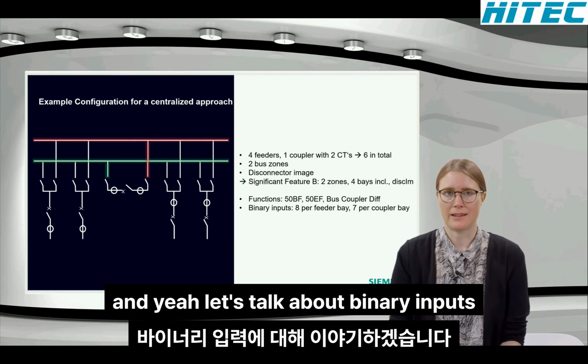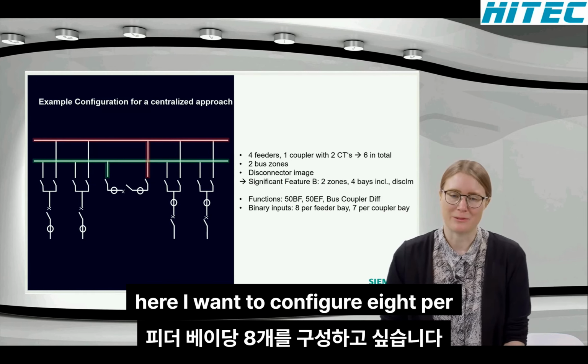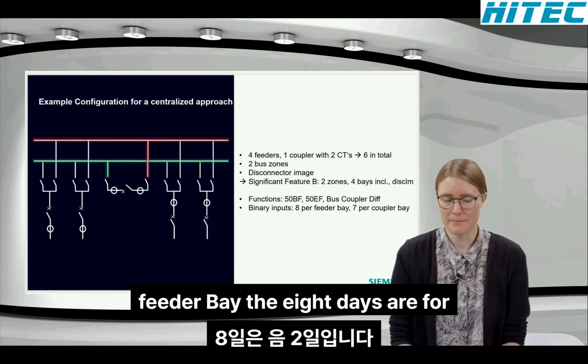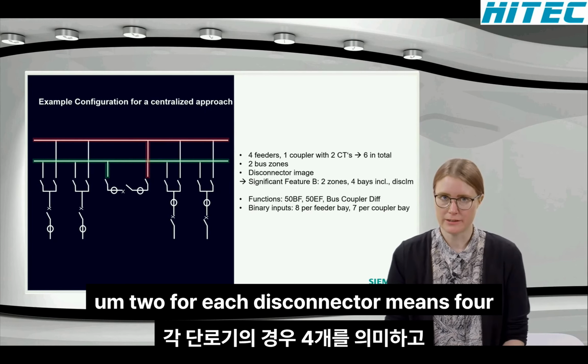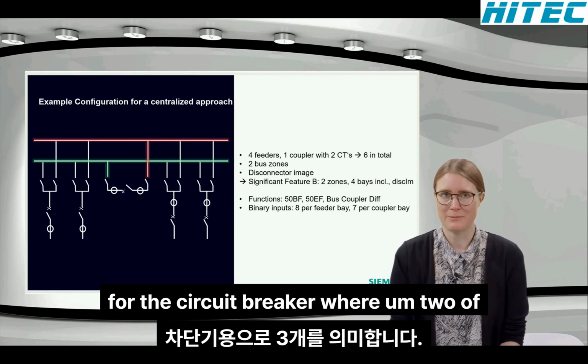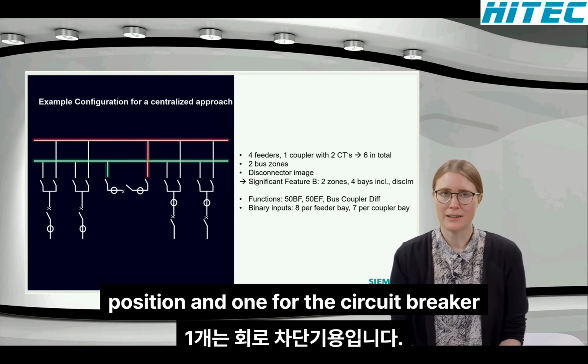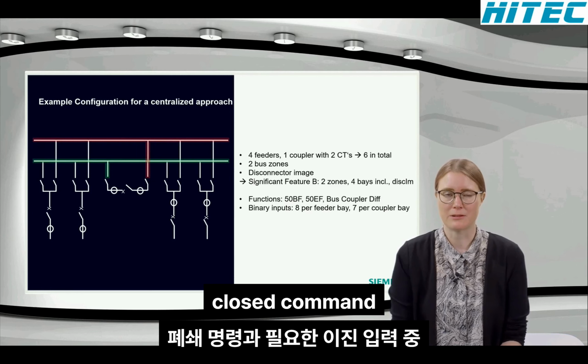And yeah, let's talk about binary inputs. Here I want to configure 8 per feeder bay. The 8 are 2 for each disconnector, means 4 with these 2 disconnectors, 3 for the circuit breaker, where 2 of them are for the circuit breaker position and 1 for the circuit breaker close command.